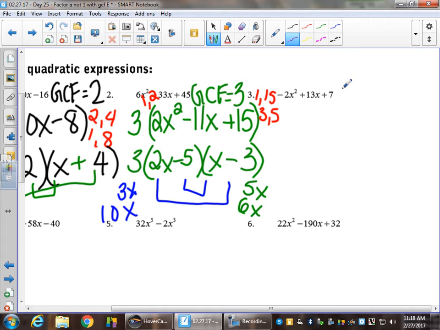What's my GCF? Negative 1. Remember, for a term that is negative, we have to pull out a negative 1. What's left over when we pull out a negative 1? 2x squared minus 13x minus 7.